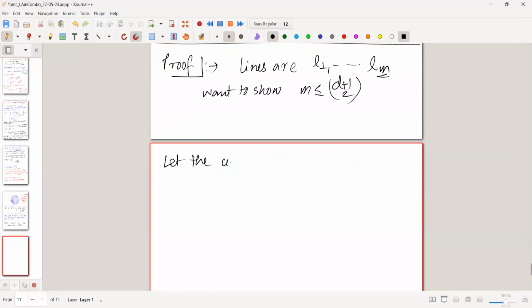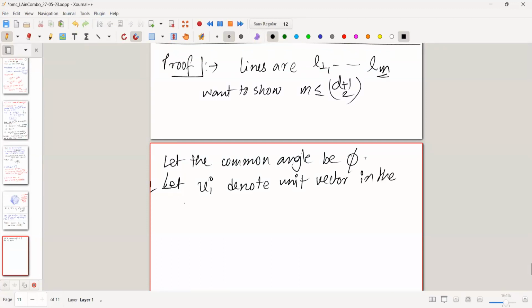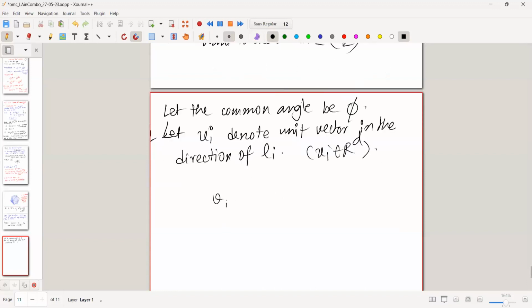Okay, so let the common angle be phi. Let Vi denote the unit vector in the direction of Li. Obviously you are considering these vectors in R^d.